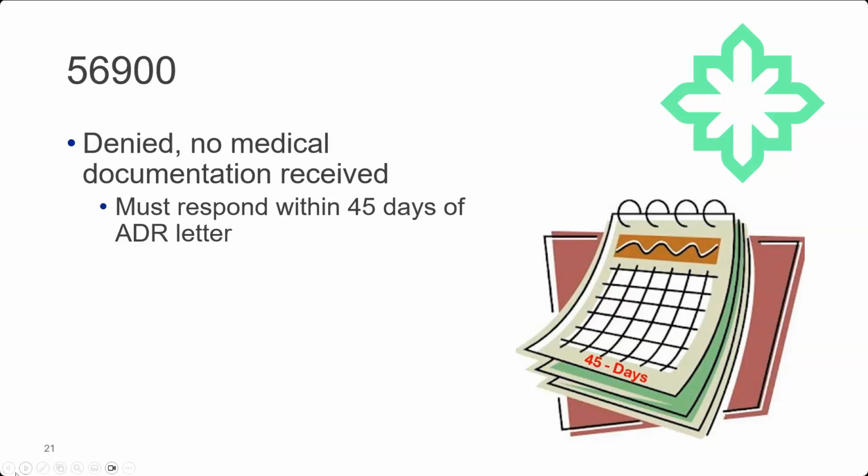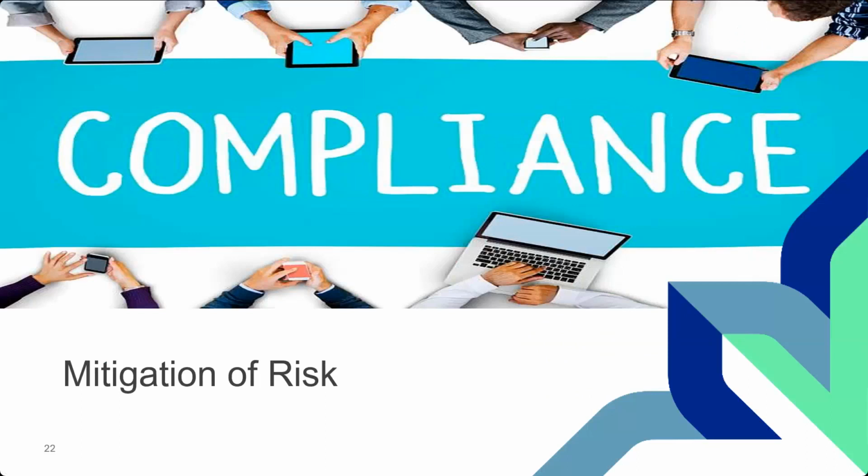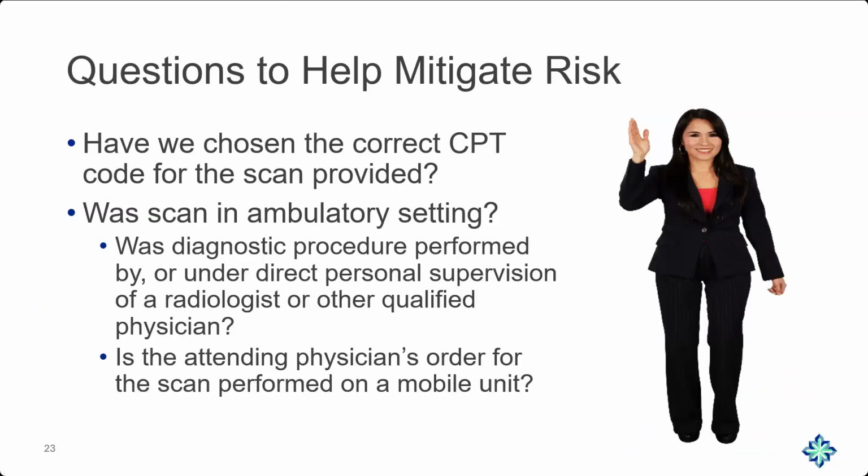All right, and then as we move on, let's talk now about how we can mitigate some of the risk of receiving a denial. There are some questions that I challenge you to ask yourself when you're billing for this service. Have we chosen the correct CPT code for the scan provided?